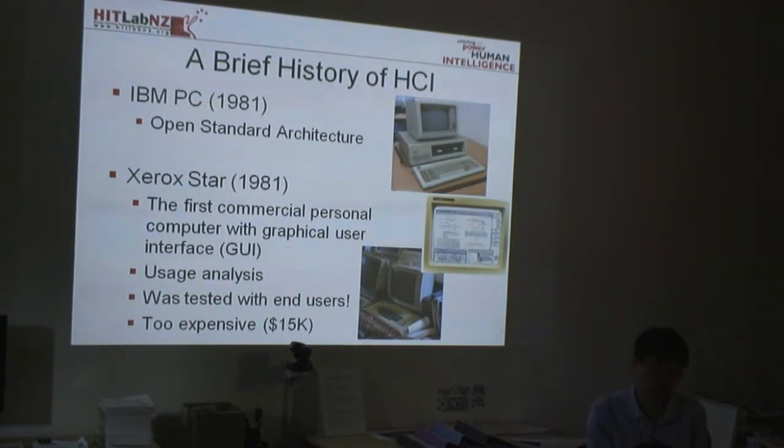Their strategy was built on an open standard architecture, which means the motherboard and peripheral boards are designed in a standard way to be integrated, so people can buy different parts from different manufacturers and build their own PCs, which is what has been evolving until now. Nowadays you can easily build your own PC with standard parts.